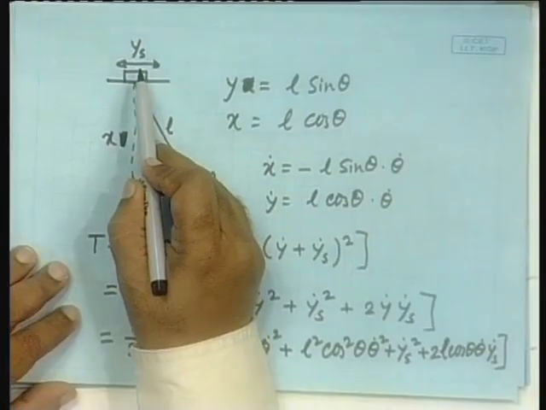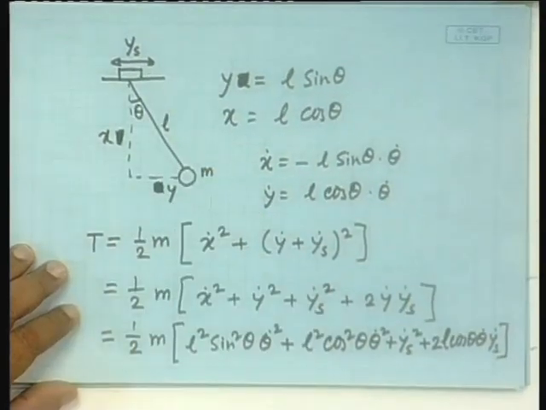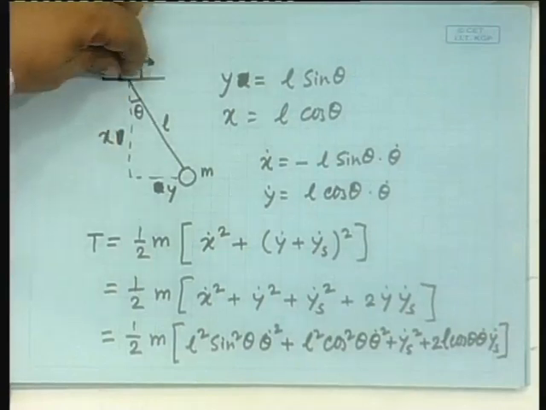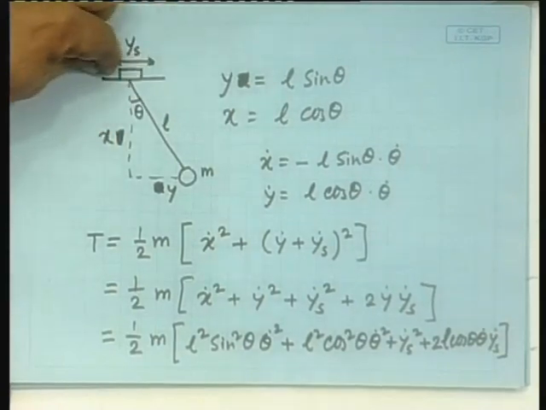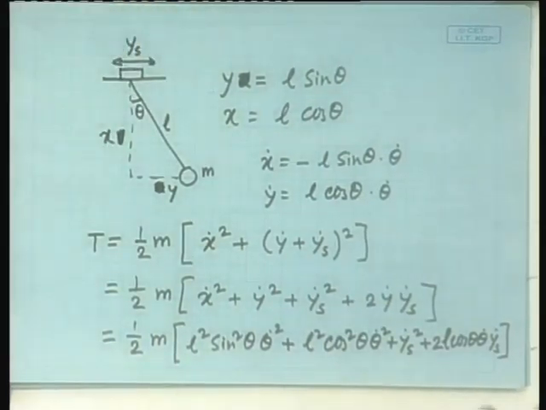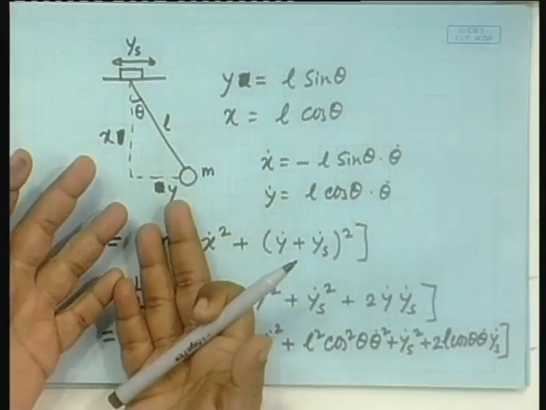Her question is that won't this become another coordinate? No, it is not necessary, because it has no internal degree of freedom. It is moved by somebody. Ys is being imposed by somebody, so the system has no freedom in choosing that.